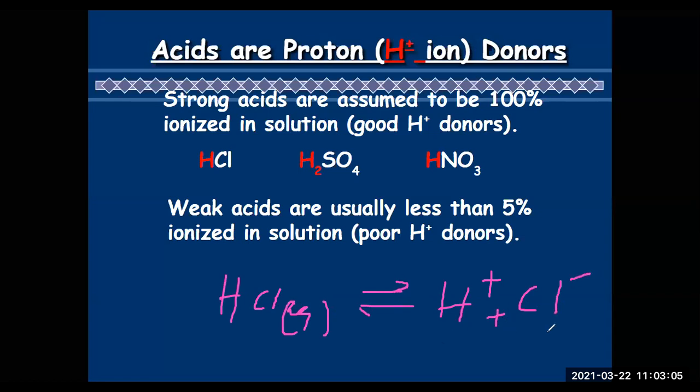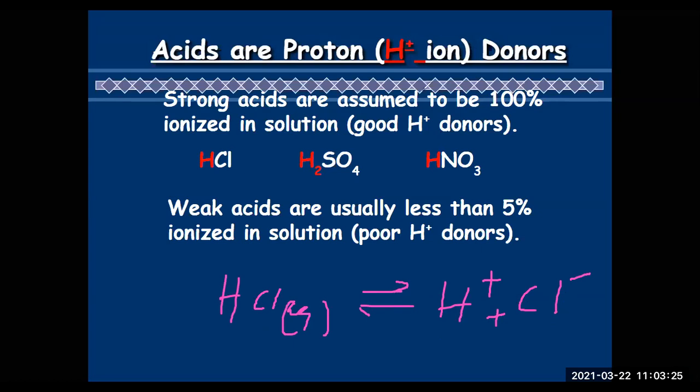This is 100% ionized. That means all this HCl broke apart into hydrogen ion and chloride ion, 100%. None is left behind. That is what you call complete ionization, 100% ionized.